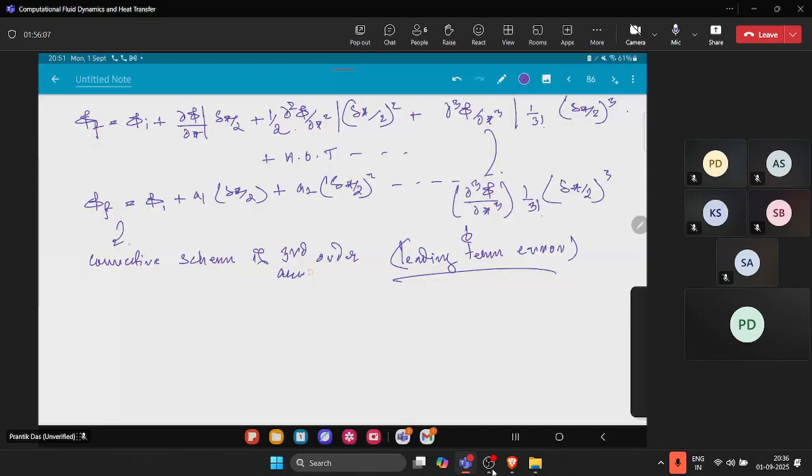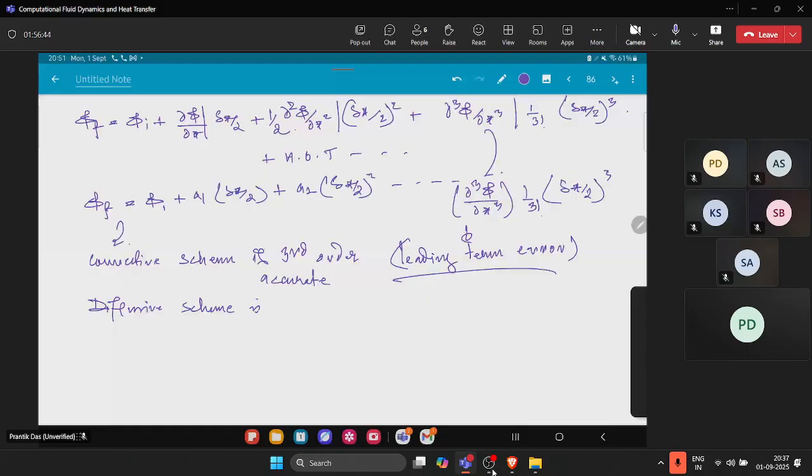Diffusive scheme is second order accurate. Overall accuracy is third order. So I've said earlier also that if there are two schemes, one is second order, another one is third order accurate, the overall accuracy is third order. We generally take the higher order accurate. Okay.